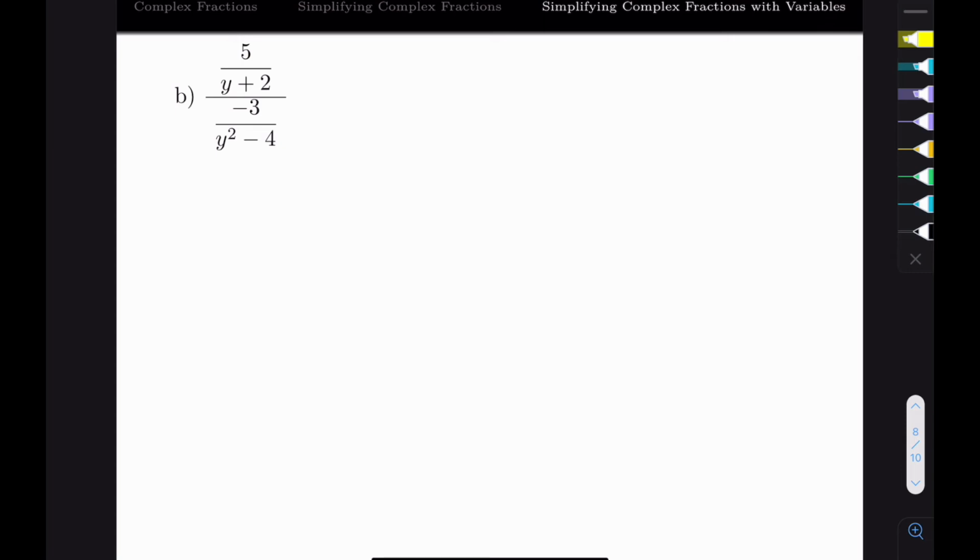So let's try another one. And I'm just at this point going to turn these into division problems once we have a fraction divided by a fraction. So I'm taking the first fraction of 5 over y plus 2, and we are dividing it by -3 over y squared minus 4.